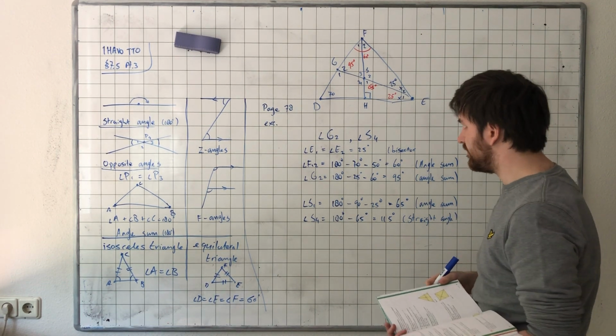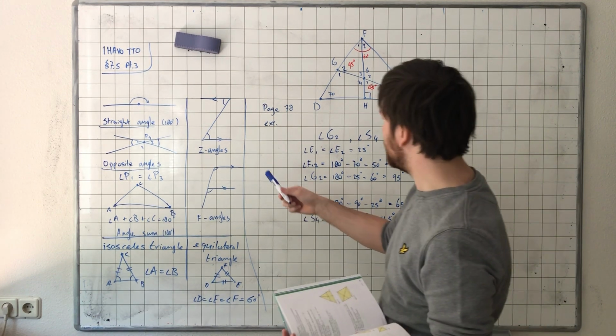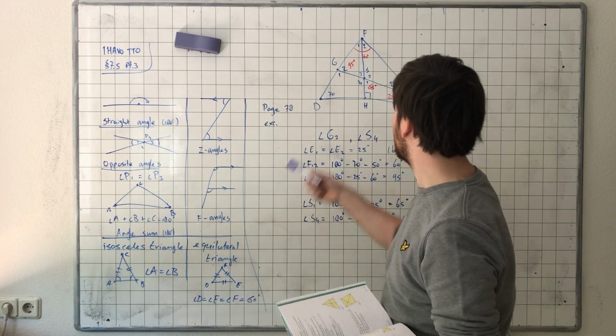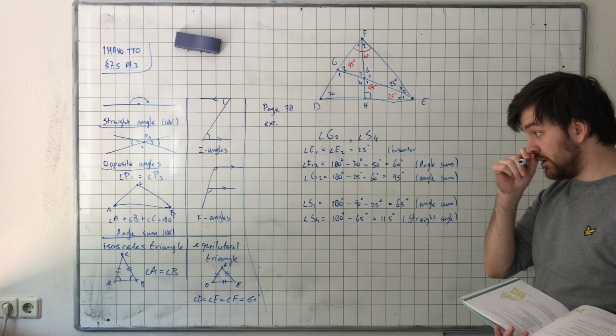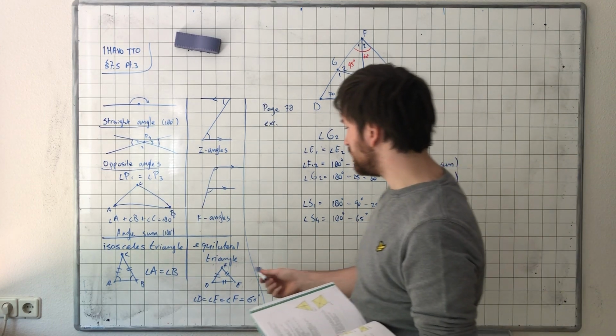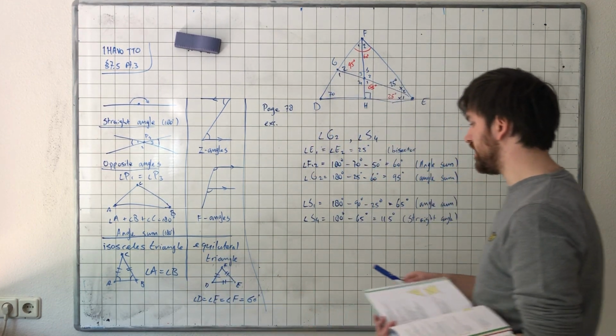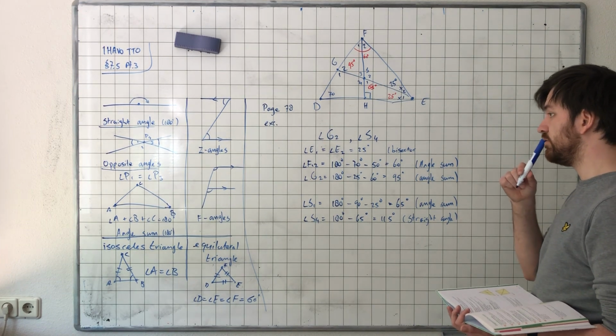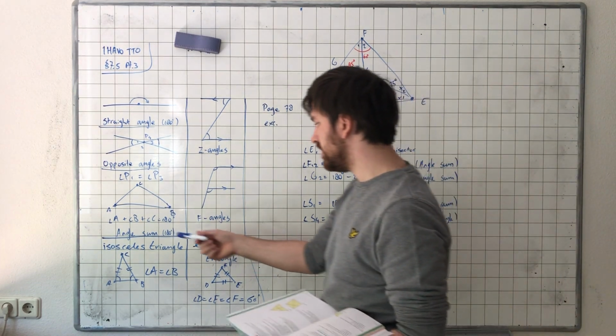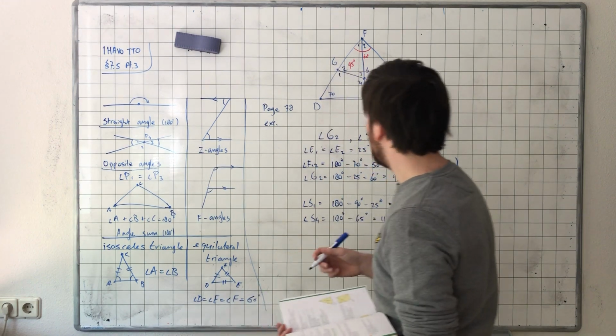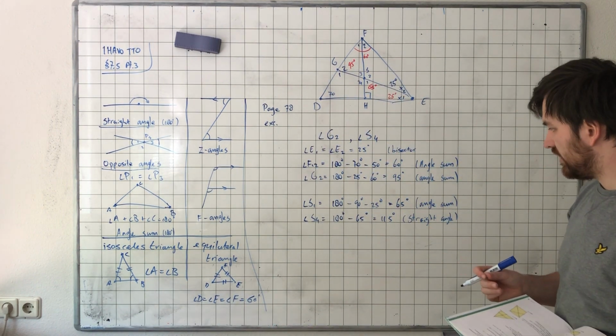So we're using different things. In this case, we couldn't use the F and Z angles because there were no parallel lines. We also couldn't use the isosceles or equilateral triangles because the lines were not equal, which meant that we had to use the angle sum and the straight angle, and using those two things you could calculate everything.